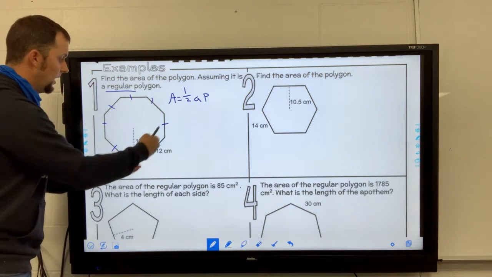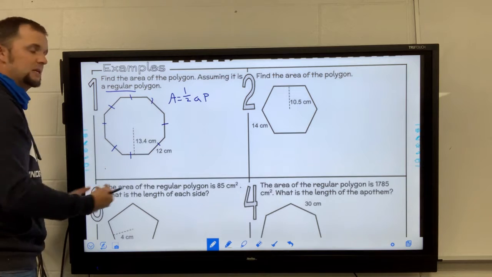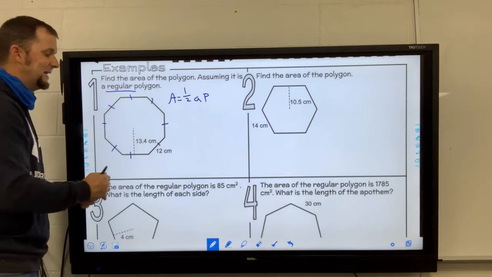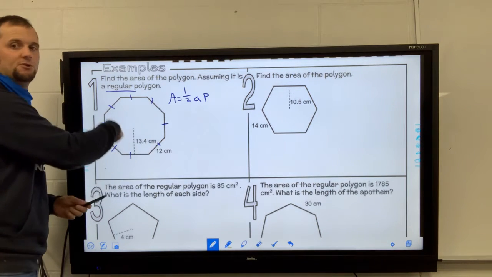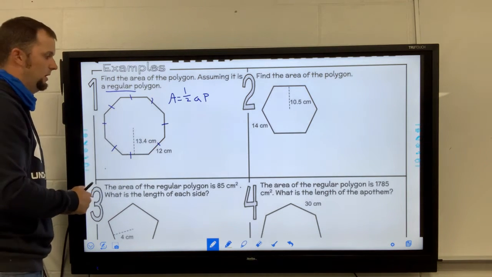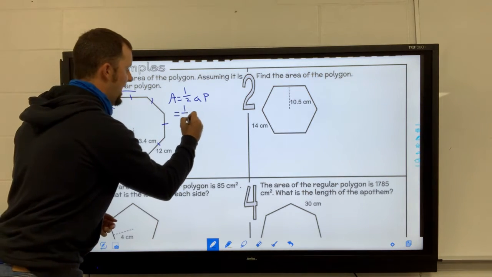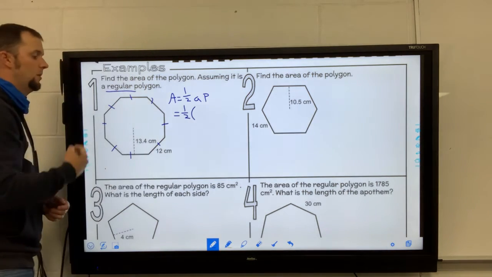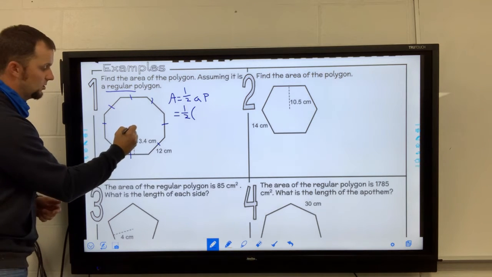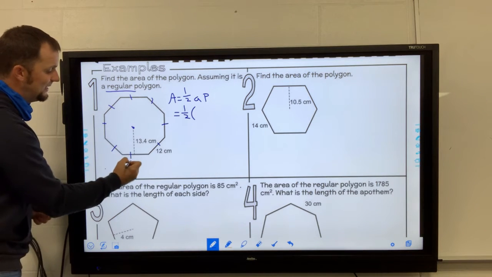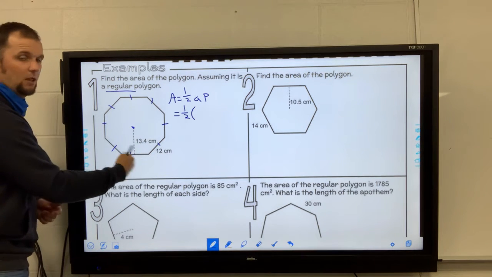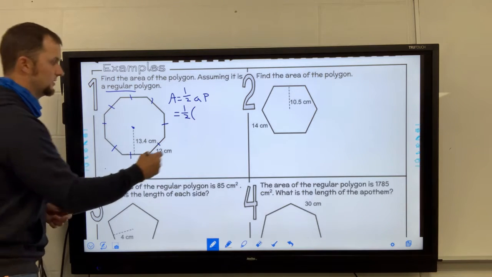So that means if I add all these sides up, that's going to give me my perimeter. Or I can take one side measurement and multiply it by how many sides there are. Okay? So let's go and plug that into my formula. So I know I'm going to take 1/2 of my apothem. Remember, the apothem is from the center of the circle straight down at a 90-degree angle to the middle of my side, and it is going to be 13.4.